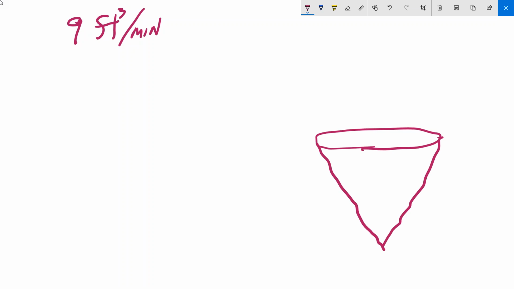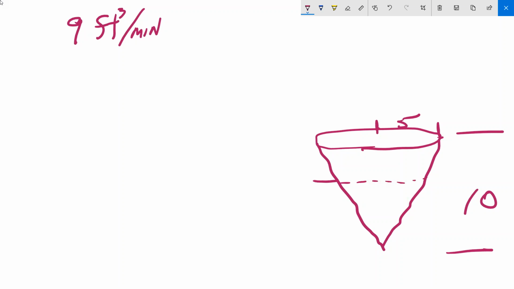That's right. The tank has a height of 10 feet and a base radius of 5 feet. How fast is the water level rising when the water is 6 feet deep?